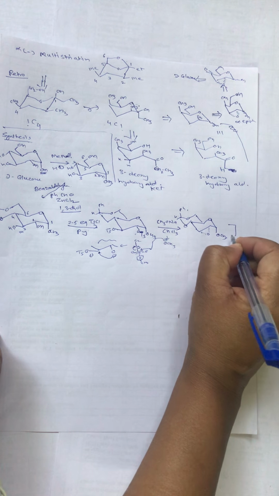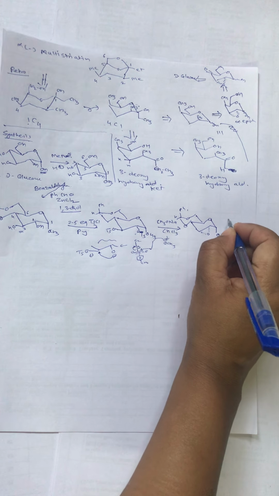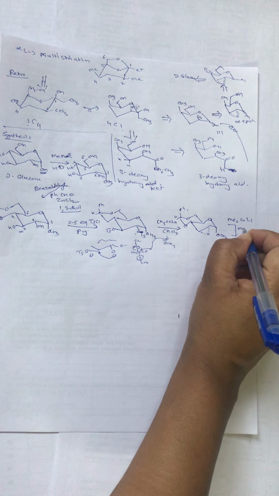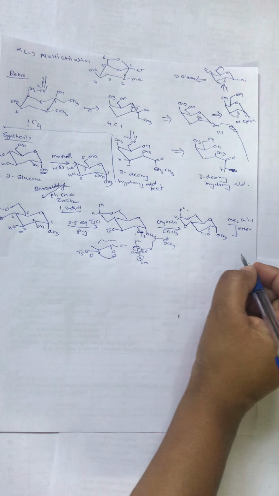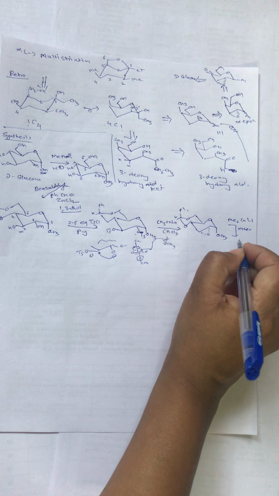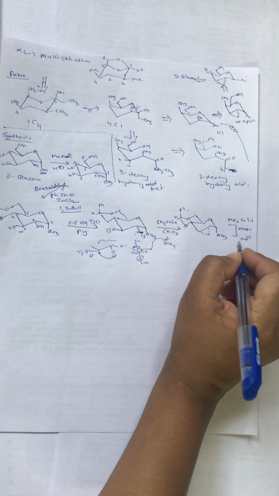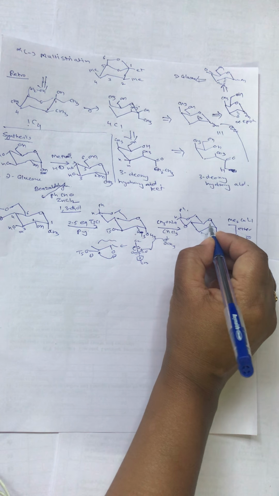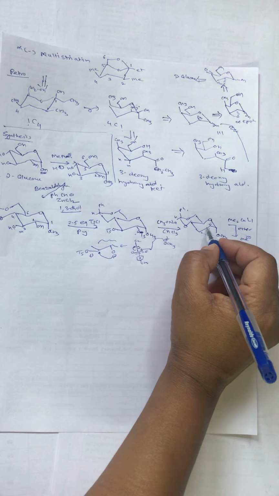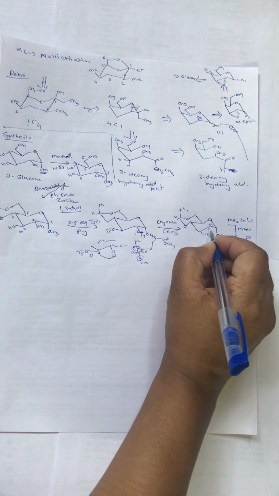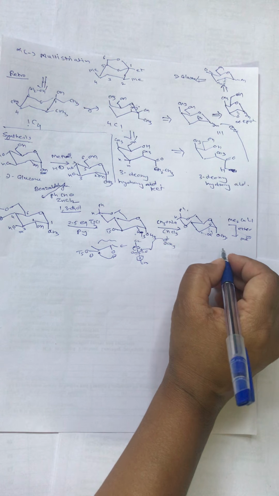This is then treated with Me2CuLi in the presence of ether. So we will get a reaction where the methyl group, Me minus, will attack on the second carbon, and the epoxide ring will open up.